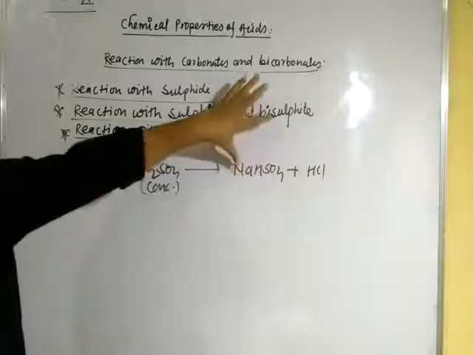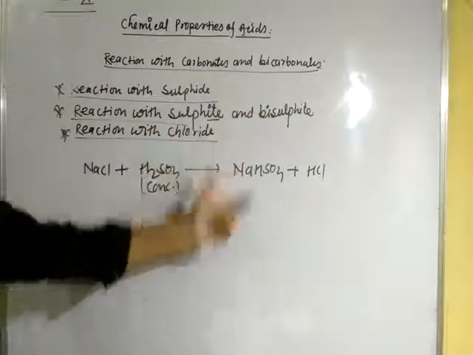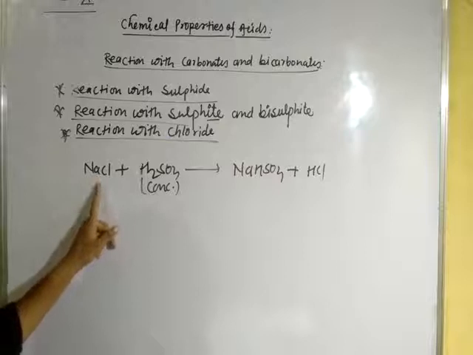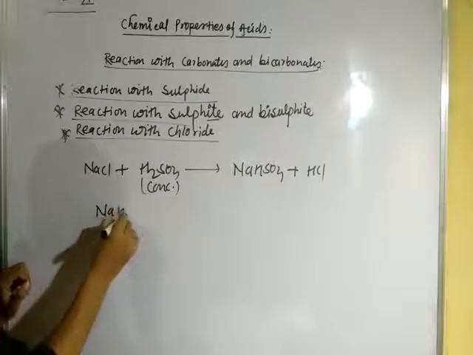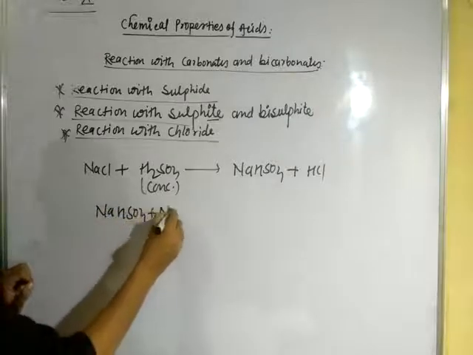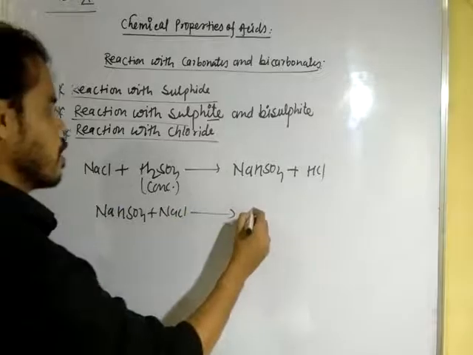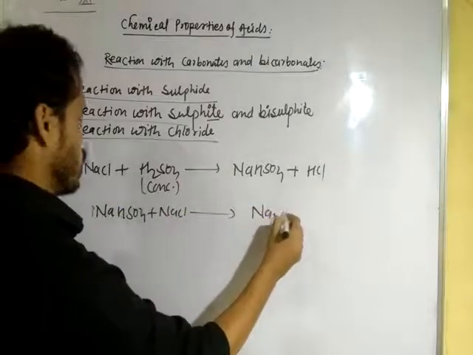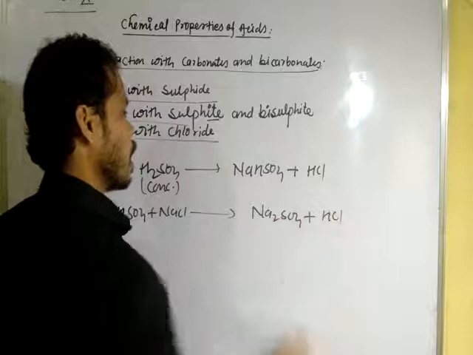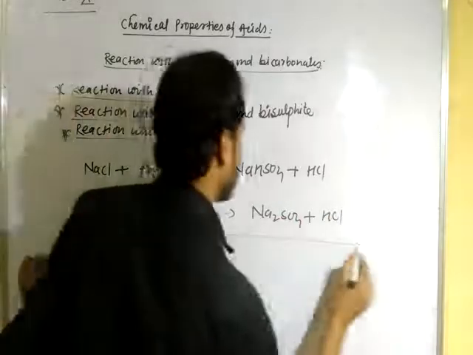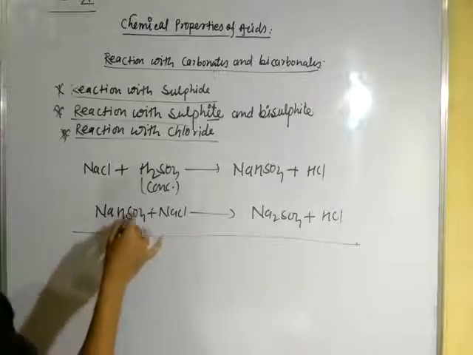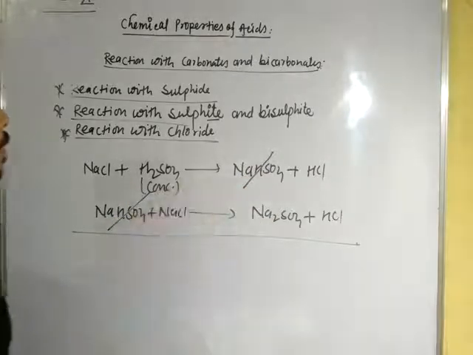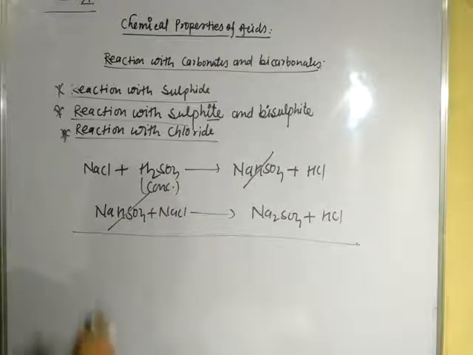Sodium bisulfate formed in this step again reacts with NaCl to form sodium sulfate, Na2SO4, plus HCl. Okay, the complete reaction you can write here: cancel the sodium bisulfate from both sides.